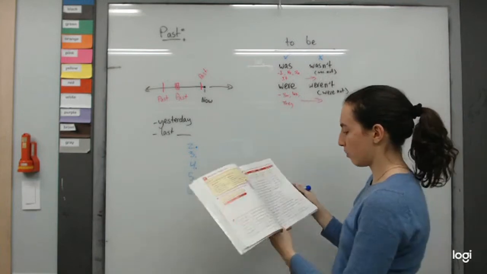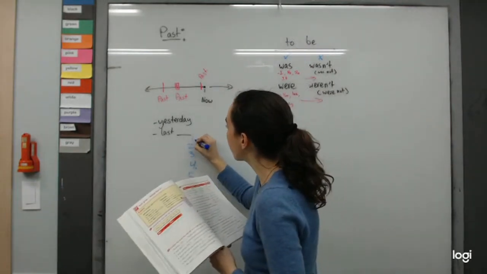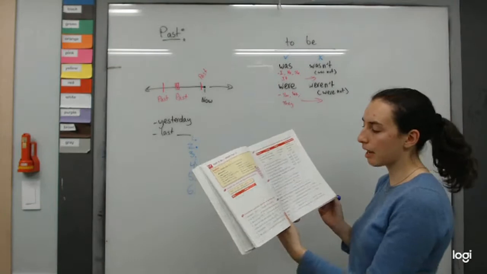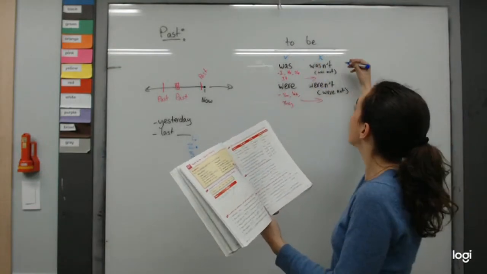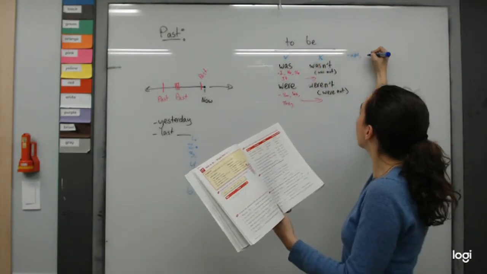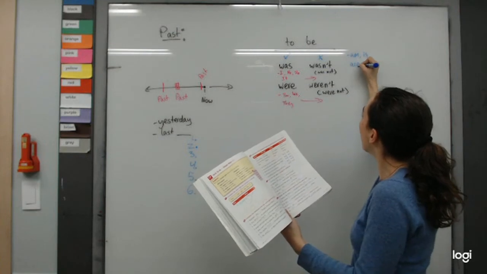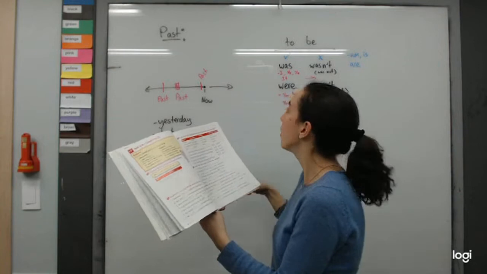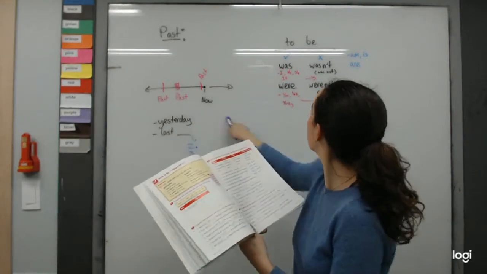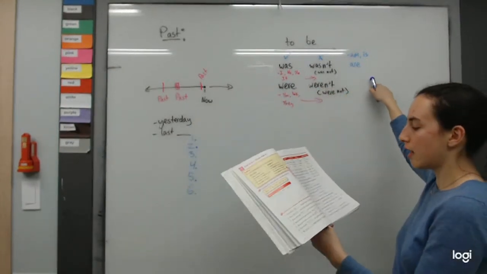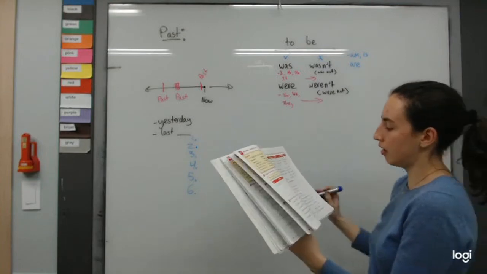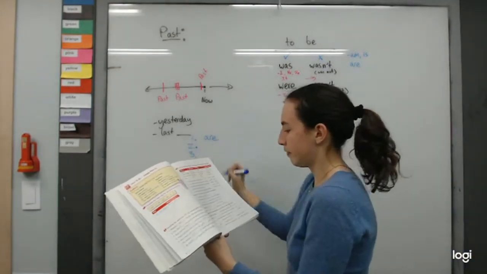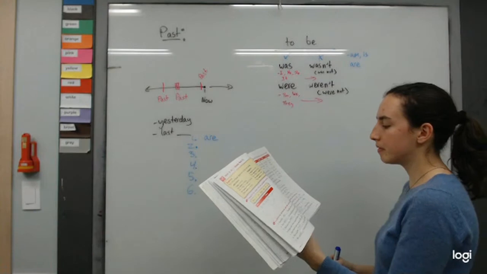Okay, so the last one, we have to finish the words with sometimes present and sometimes past forms of to be. So remember, the present forms are am, is, are. Okay? So yesterday we were tired, but now, not past. So am, is, are. Now they are fine. The weather is sunny today.